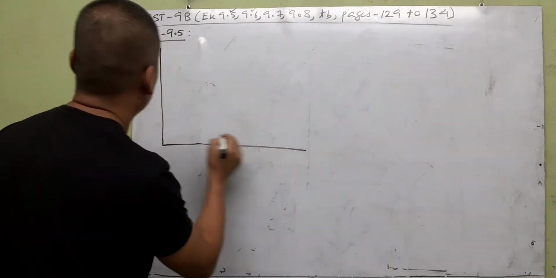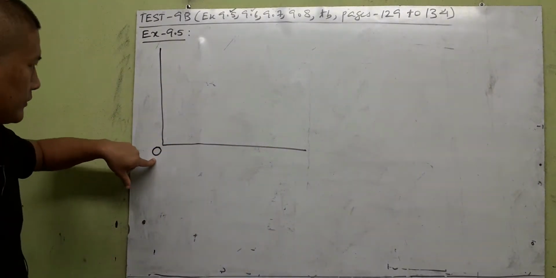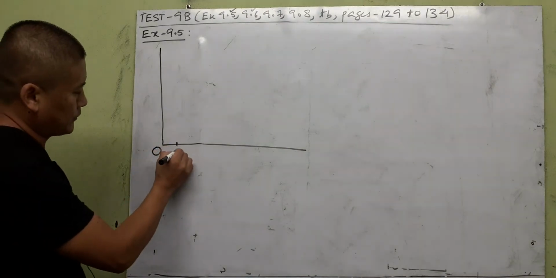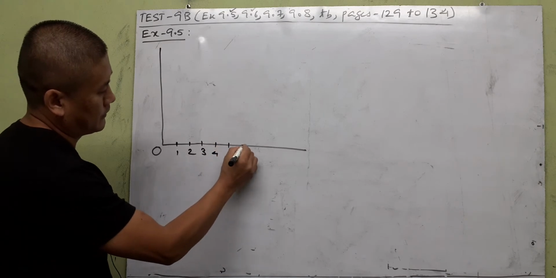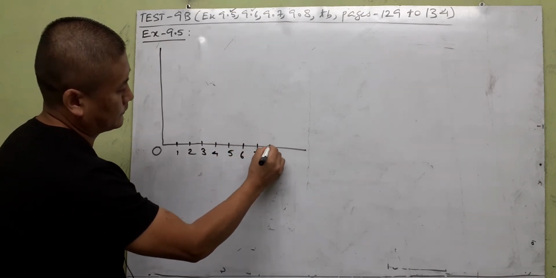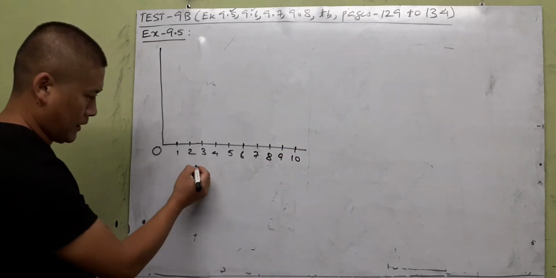Here. Origin is not given on the question, okay, but it should be 0. And here is 1, 2, 3, 4, 5, 6, 7, 8, 9, and 10, up to 10 seconds.